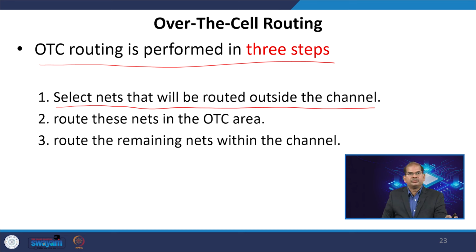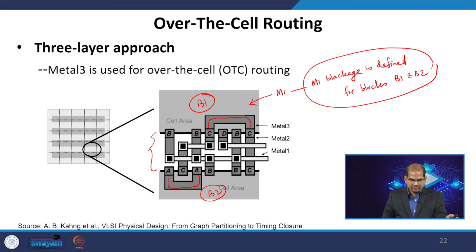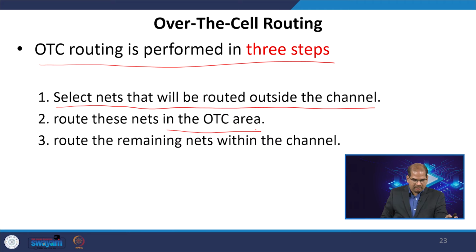Then we need to route those nets in the OTC area, the over the cell area. So, the OTC area is basically, let us say this is the cell, above it is the OTC area. Okay. Then route the remaining nets within the channel; the other nets you can route within that channel.